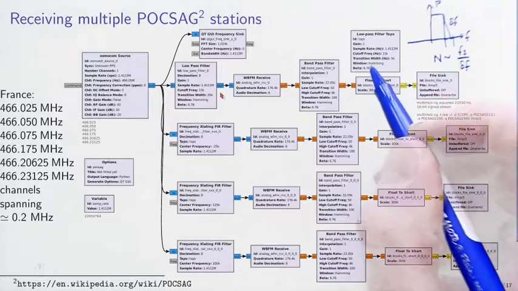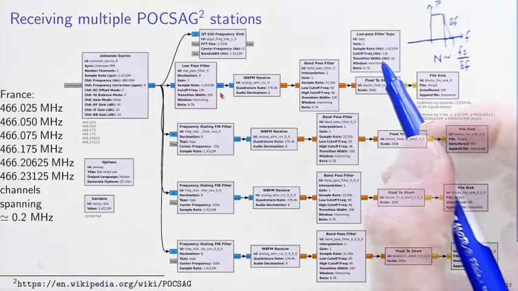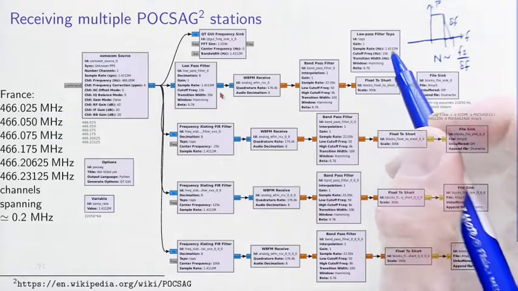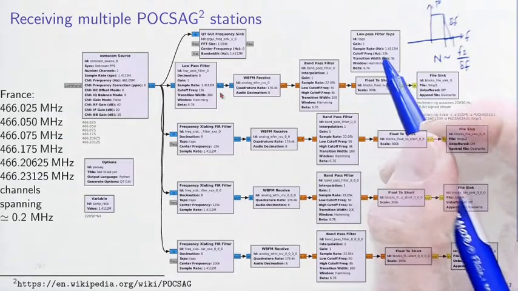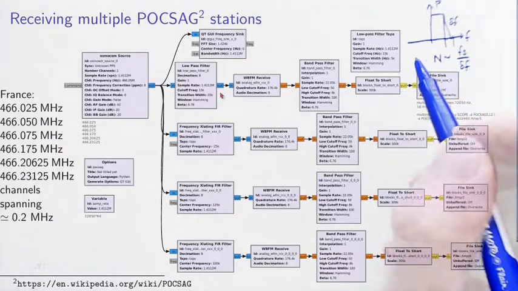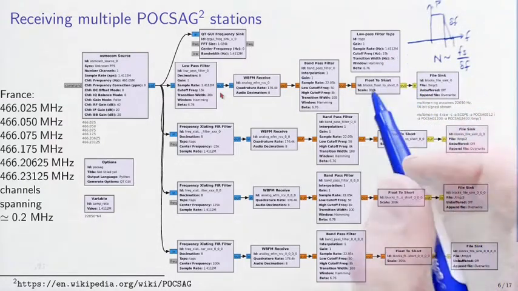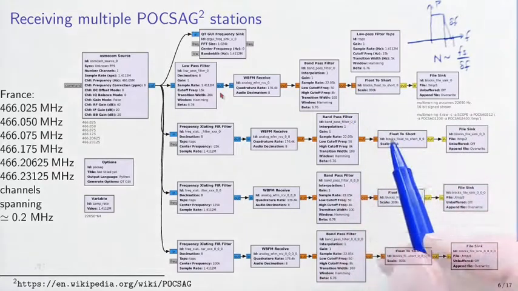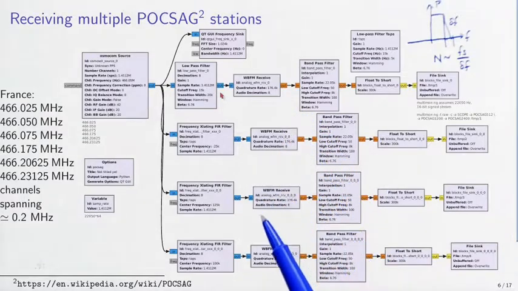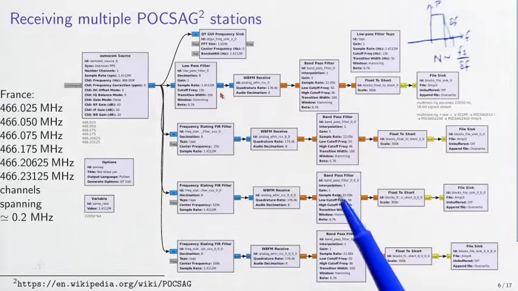So it is wise to select a high enough transition width that will allow few enough taps to reduce the computational power. As we are now multiplying the number of analyzed channels, we need to reduce as much as possible the unwanted load due to these various filters.